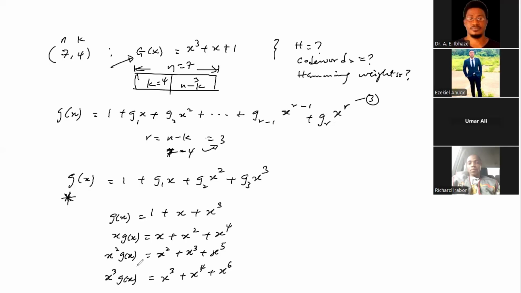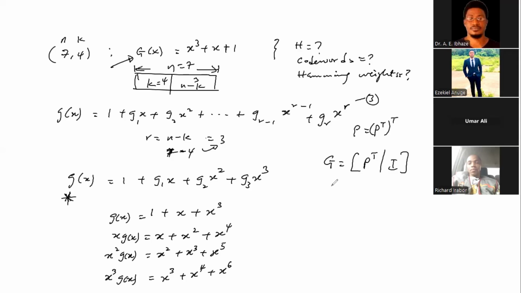Okay, now what we want to do is to figure out the generator matrix. Because we know that once we figure out the generator matrix, it is the transpose of the parity times the identity matrix. So once we pull this out, it's just to get what? It's just to get P, okay? Because P will now be the transpose of this, right?